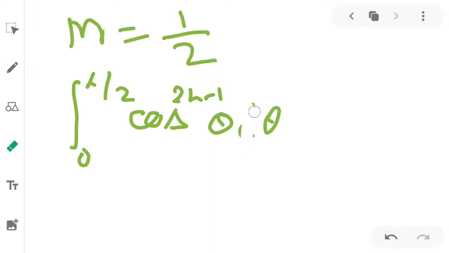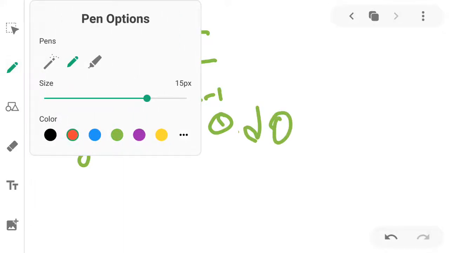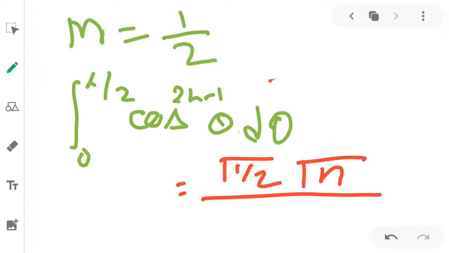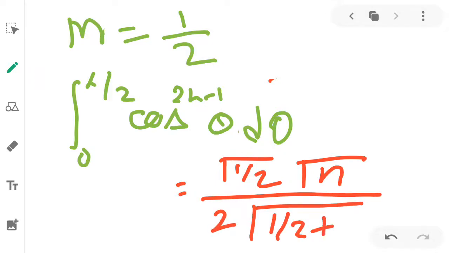On the right side, putting m is equal to 1 by 2, we get gamma 1 by 2 into gamma n upon 2 times gamma of 1 by 2 plus n. Take this as equation 2. We will remember all these equations.